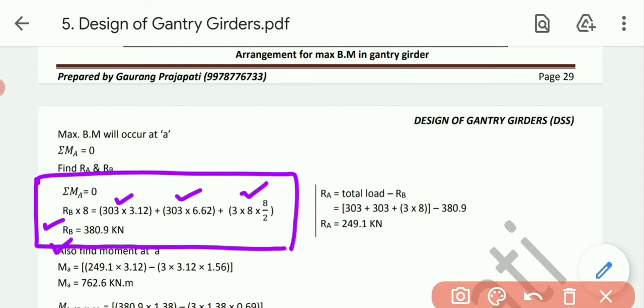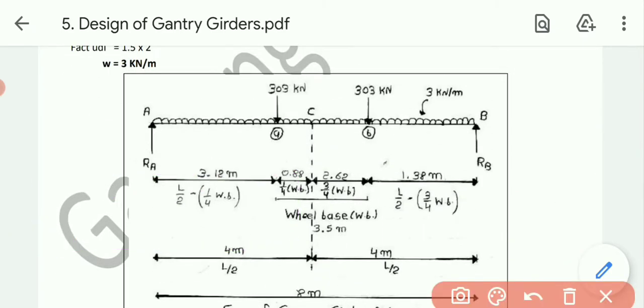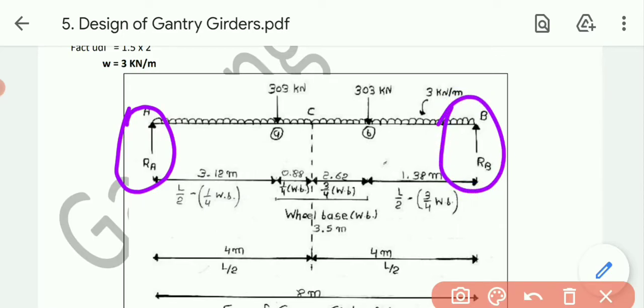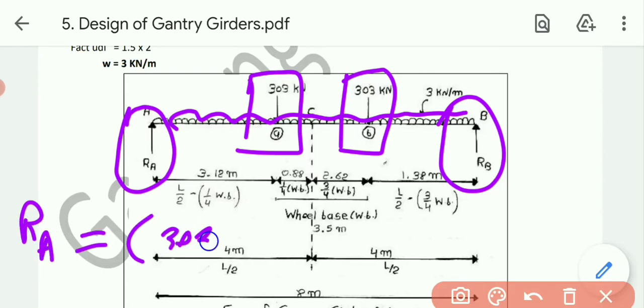That's the sigma MA. Then, in order to calculate RA, what we need to do, sigma V equals to 0. For RA and RB, that will be upward, and downward 303, this 303, and the entire UDL will be acting downward. So RA equals to total load, that is 303 plus 303 plus entire UDL 3 into 8.